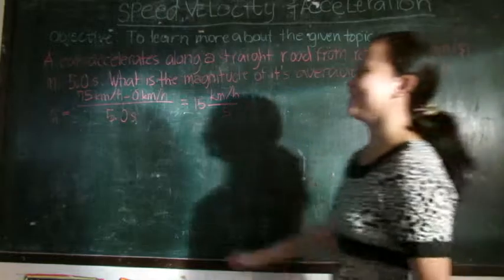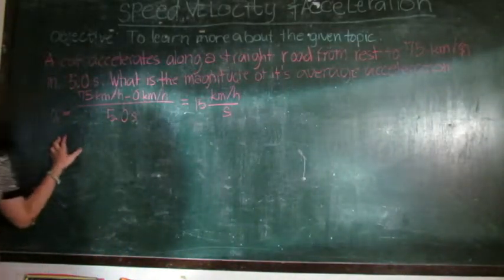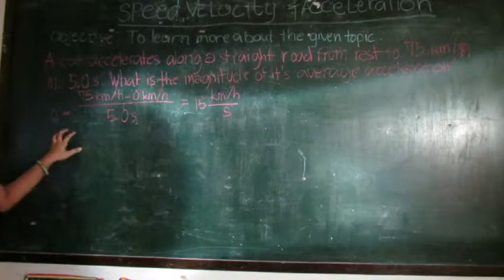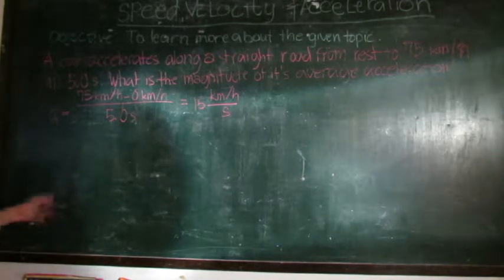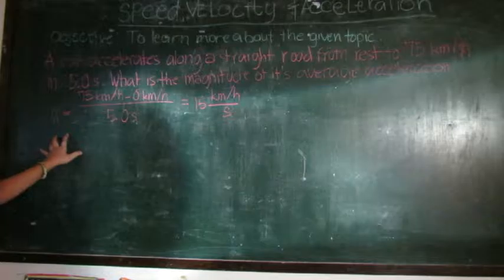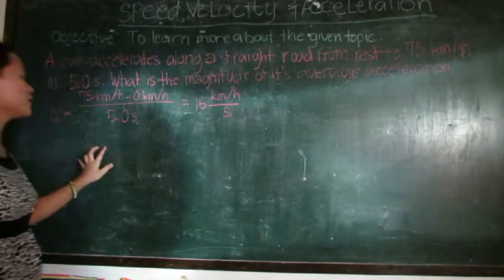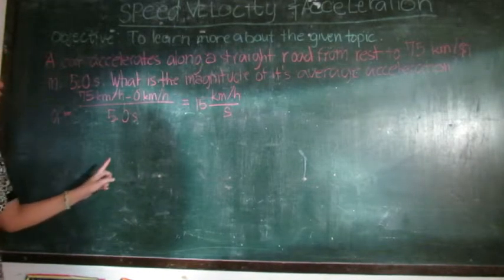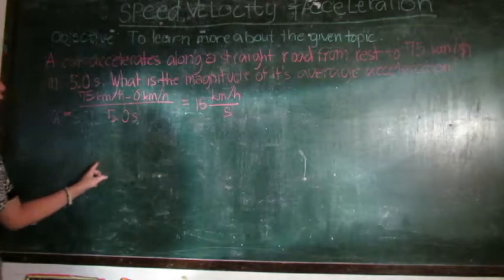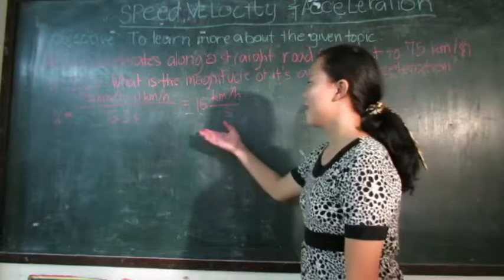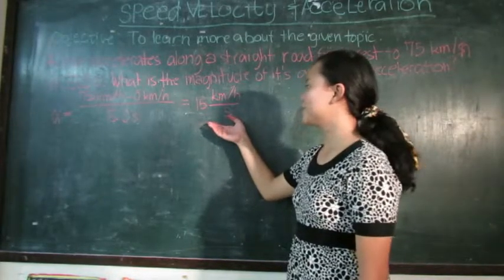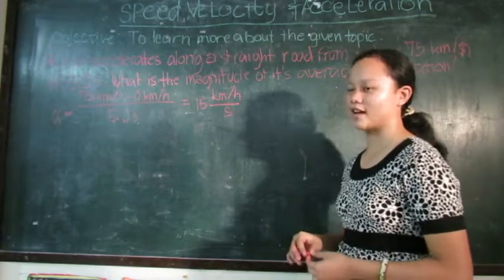So I have made here the formula we use first. A is equal to 75 kilometers per hour minus 0 kilometers per hour, all over 5.0 seconds. This means that there is 15 kilometers per hour per second.